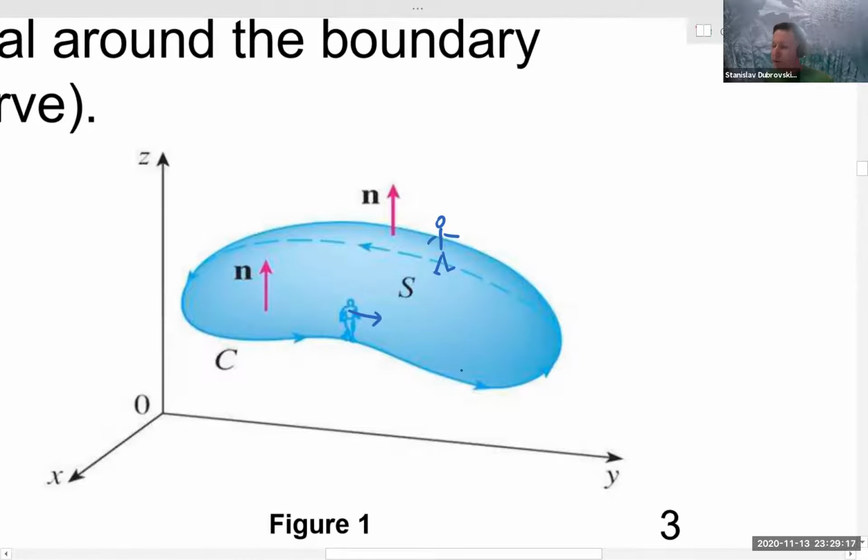So if we have to see the surface on our left, then there's only one way to walk along the surface. It means that we have to walk in this direction. So if we find ourselves here and we have to see the surface on our left as we are walking, then we have to follow this direction. And that gives us the orientation on the boundary curve.